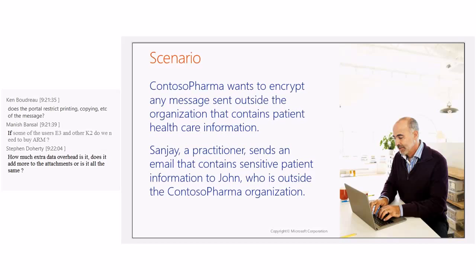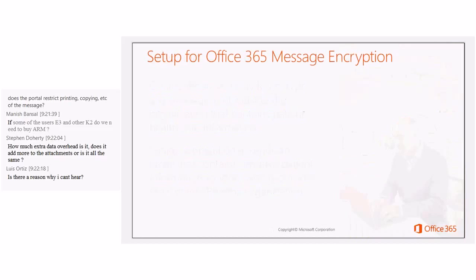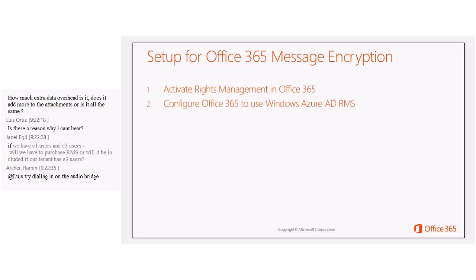So the very first thing we have to do is set up Office 365 message encryption, and it's basically a three-step process. The first step is to activate rights management within the Office 365 service. Then we want to configure Office 365, and specifically Exchange, to use the Windows Azure Rights Management service.